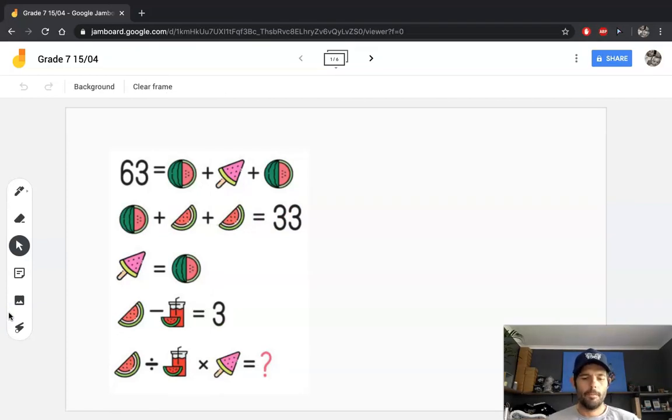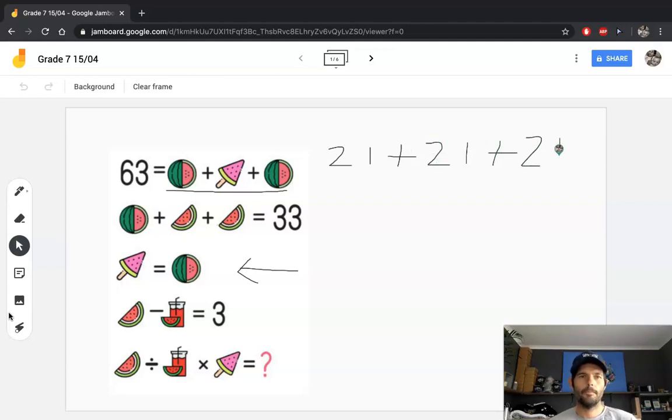Okay, so we should be looking at this and deciding where we're going to start. For me personally, I'm going to look at the third line where the, let's call it a watermelon ice cream, is equal to the watermelon. That tells me that all three of these symbols at the top are equal, and 63 can be written as 21 plus 21 plus 21.